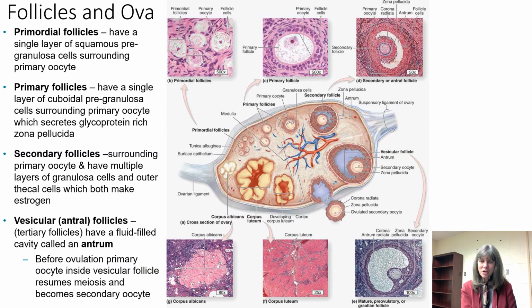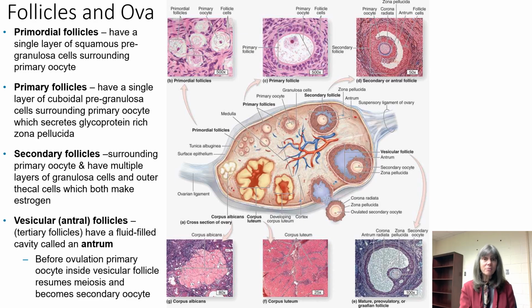When a female is born, each ovary contains approximately 500,000 to 1,000,000 primordial follicles, each distinguished by a single layer of squamous-shaped pregranulosa cells surrounding a primary oocyte. And prior to puberty, a lot of those primordial follicles are going to undergo atresia, where they die off.